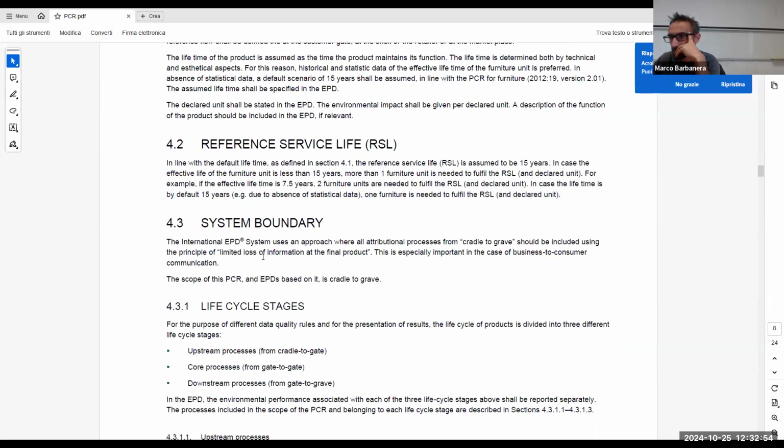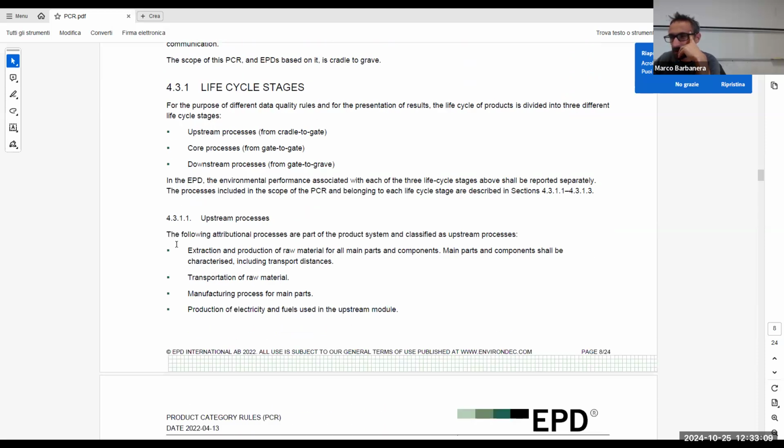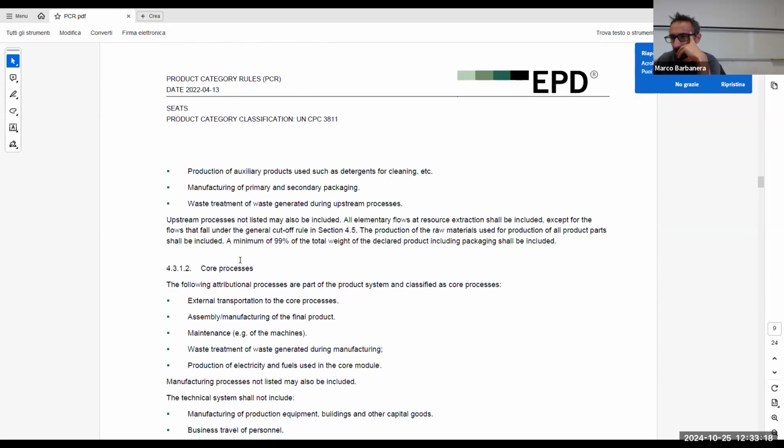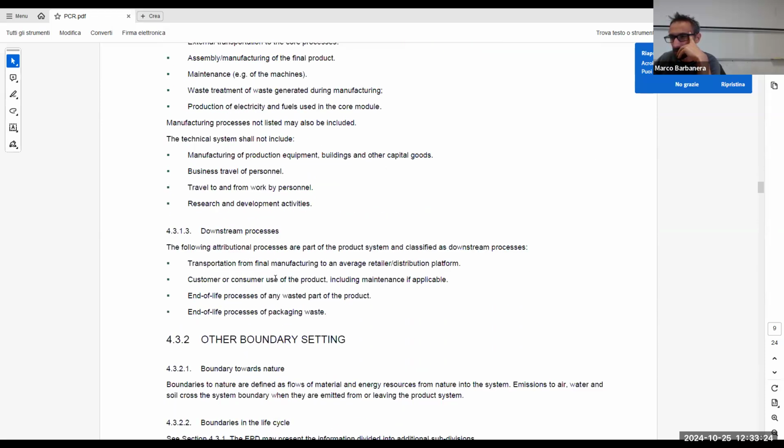For this kind of product, the system boundaries, and in particular the life cycle stages, are divided, as we have said previously, into upstream, core, and downstream processes. Here you can see the list of processes in the upstream category. Then you have the list of core processes and the list of downstream processes.